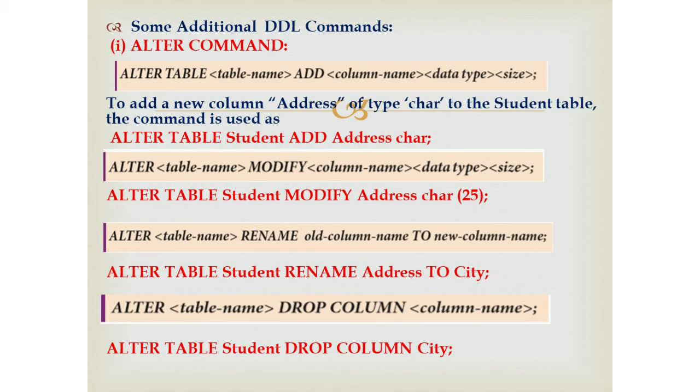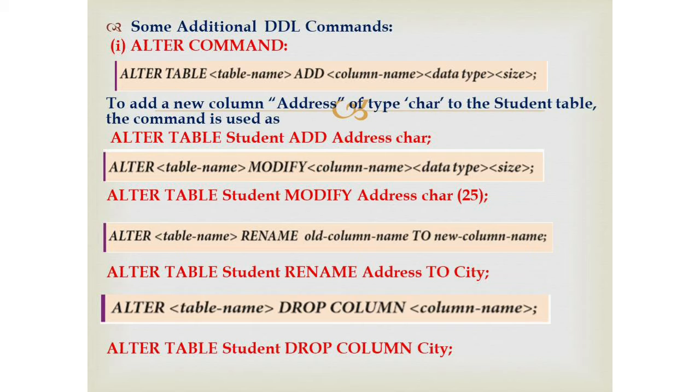By using this MODIFY, you can modify an existing column. Then which column you are going to modify, that column name you have to mention here, address. Then its data type is character, then its size is 25. This command will modify the address column of the student table to now hold 25 characters. Before that, we didn't mention the size. If you want to give the size of the particular column, by using this MODIFY, you can do that.